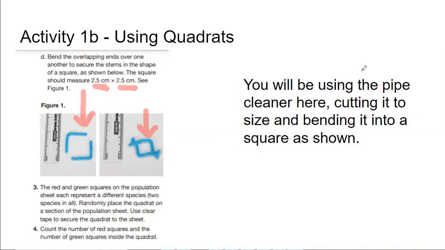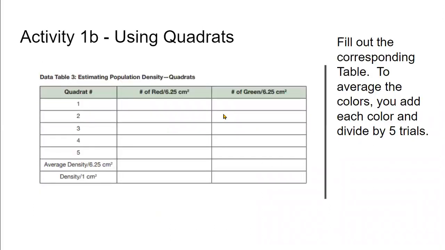So it says you will be using the pipe cleaner here, cutting it to size and bending it into a square as shown. So it needs to be like this. And you're only doing it with one, I believe, if I remember correctly. You're just doing it with one part of it. So let's see what you have to do here.